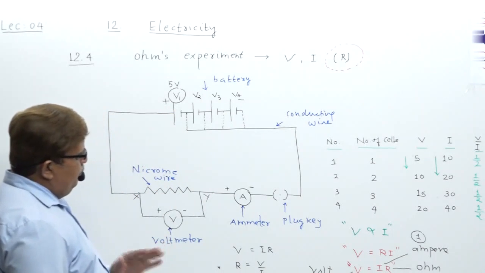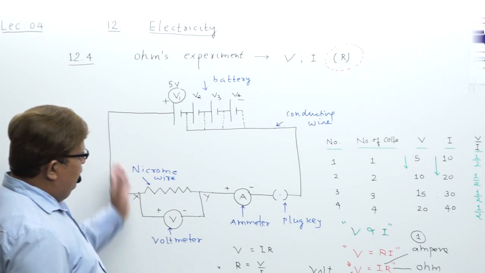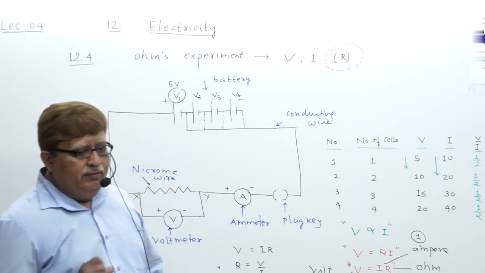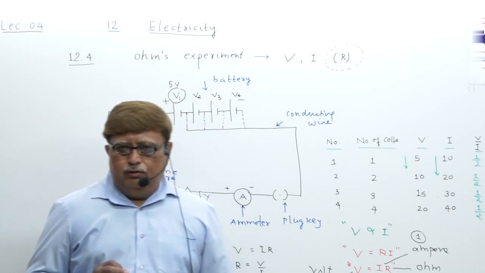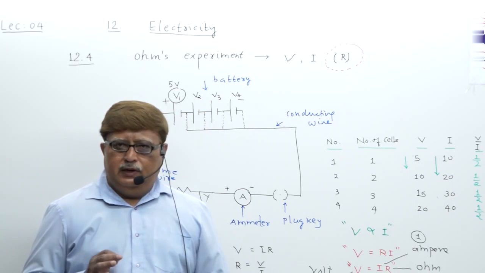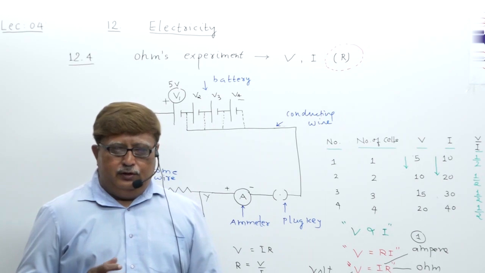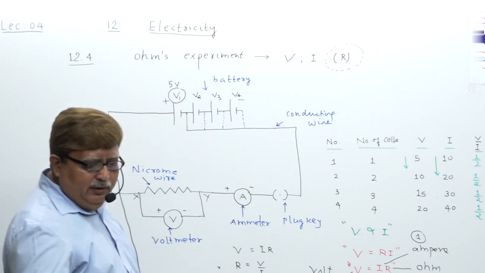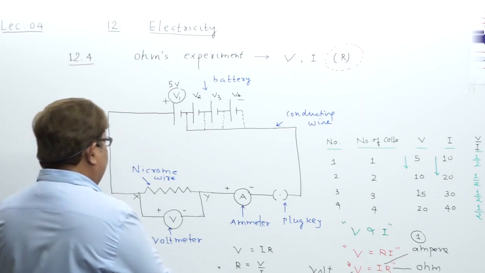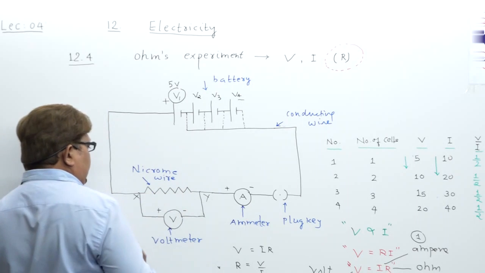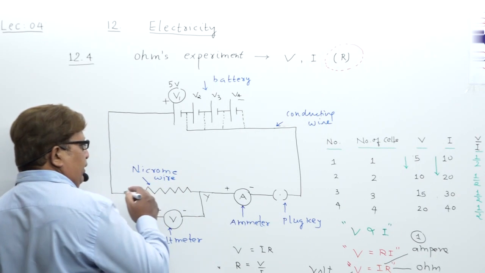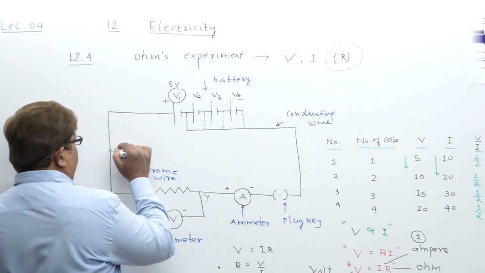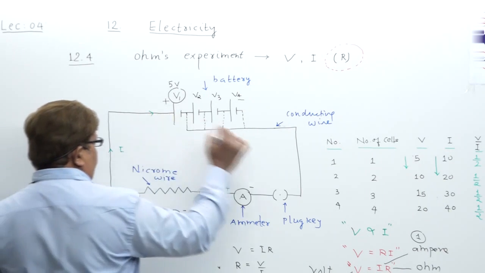Here, how many symbols of circuit components? Actually, this is called an electric circuit. Suppose I ask you in one line, what do you mean by electric circuit? Can you answer me? Electric circuit means the path of the current. Understand? Here, my dear student, how will you show the path of current? Current always flows from higher potential to lower potential, that you all know. Suppose this is the path of electric current to flow.